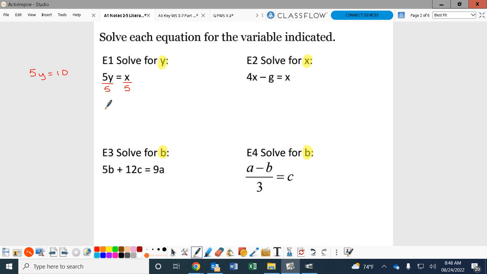It's going to make it y equals x over 5. That's it. You're done. How do you know you're done? Because it says y equals, and what we were looking for was y. Don't make it more complicated than it is.